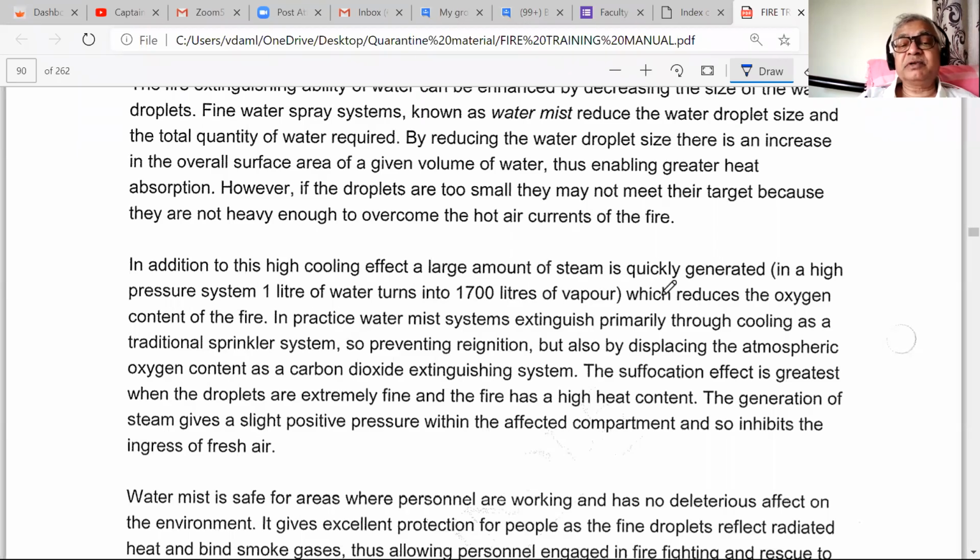To turn into 1700 liters of vapor, there are two things. One is going to absorb, with the latent heat of evaporation, a lot of heat, and it's also going to displace oxygen, which is supporting the burning.